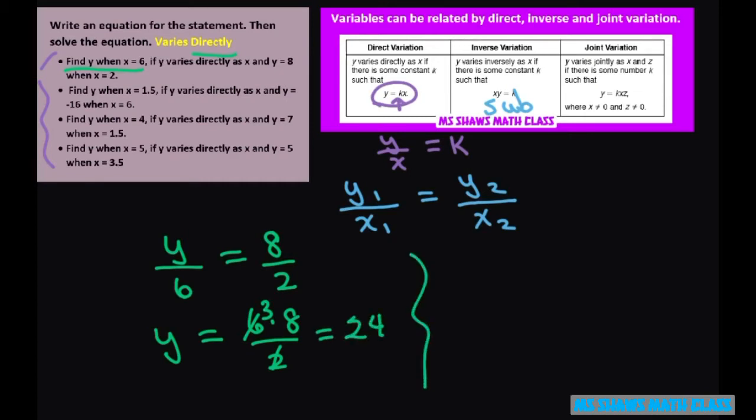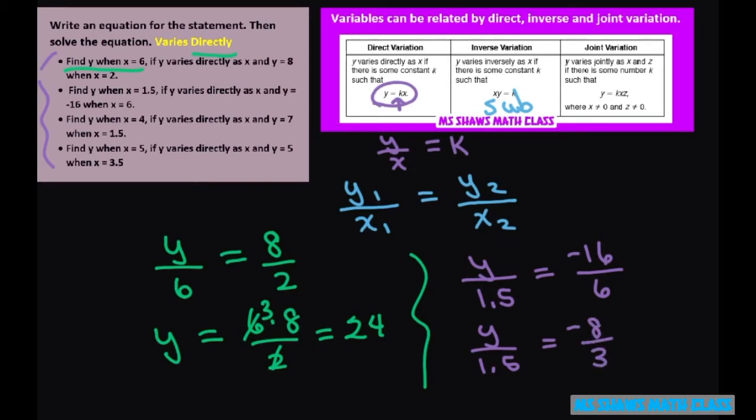The second one, you do the same way. Y is to 1.5 as negative 16 is to 6. So basically I can reduce this: y is to 1.5, and this is going to be negative 8/3.